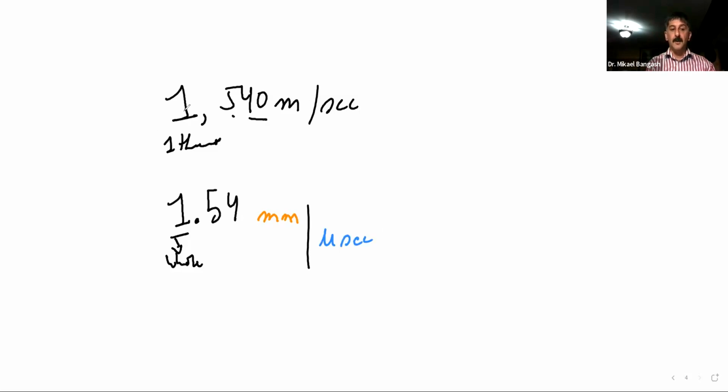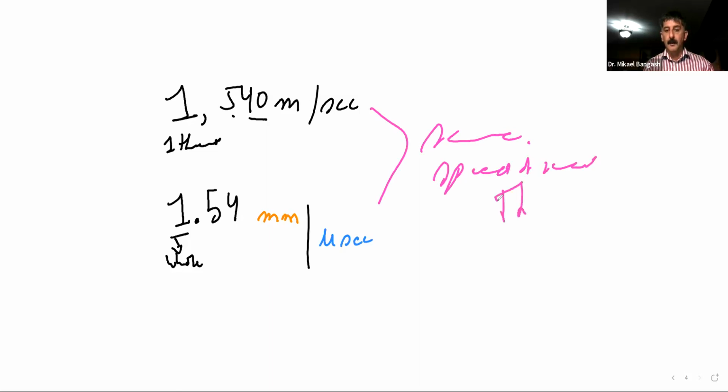So it's going to be 1,540 meters per second, or, sorry, 1.54 millimeters per microsecond. Both of these are worth the same, as the speed of sound through soft tissues.